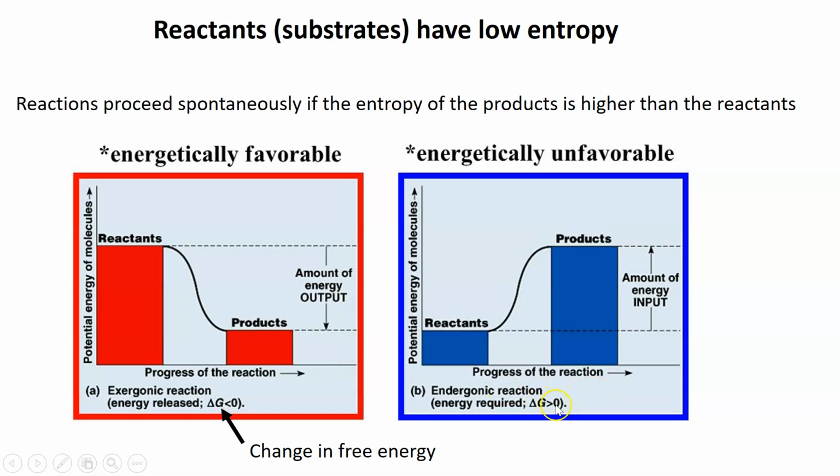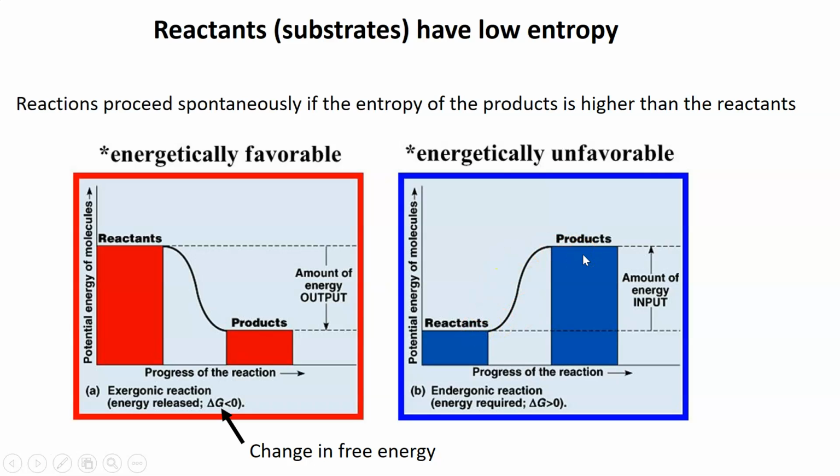If the Gibbs free energy, the delta G, is a positive number, that means it's a reaction which requires energy to be put in, so it's a non-spontaneous reaction. This is what we call a catabolic reaction, and this is what we call an anabolic reaction. Catabolic to break things down, anabolic to build things up.